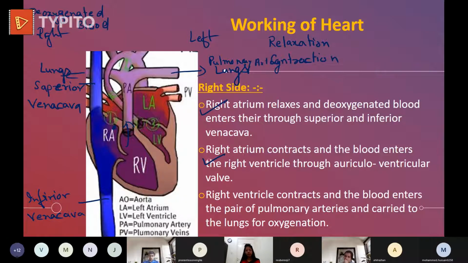Then the right atrium contracts, and the blood from the right atrium comes to the right ventricle through the auriculoventricular aperture, which is guarded by the tricuspid valve. Then the right ventricle contracts, and all the blood from the right ventricle goes to the lungs through two pulmonary arteries. Pulmonary arteries here. Later on it divides into two parts and goes to both the lungs.